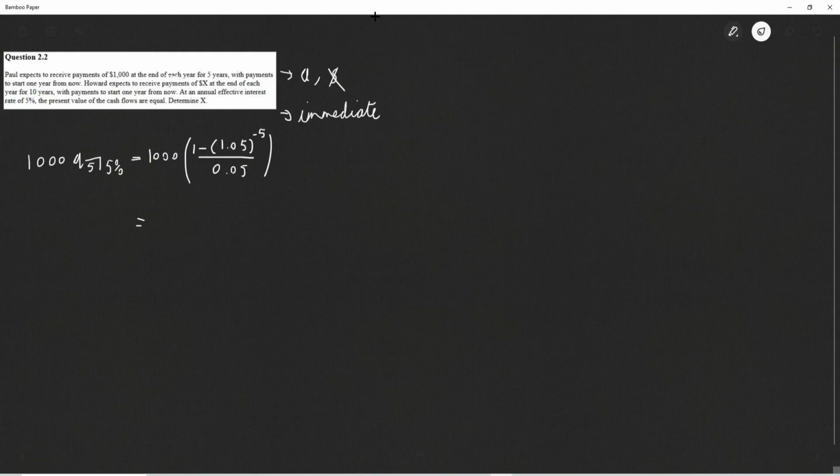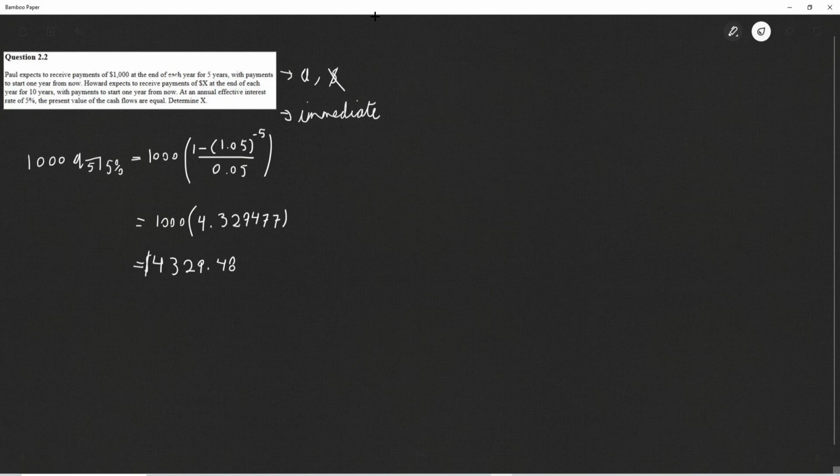So now solving this gives us 1,000 multiplied by 4.329477, which simplifies to $4,329.48.